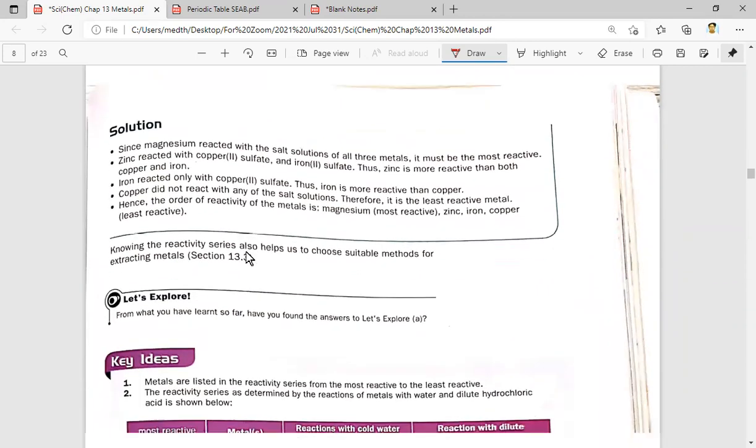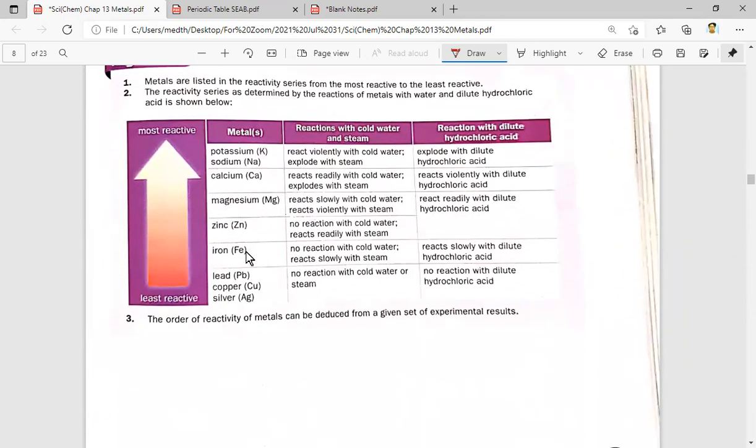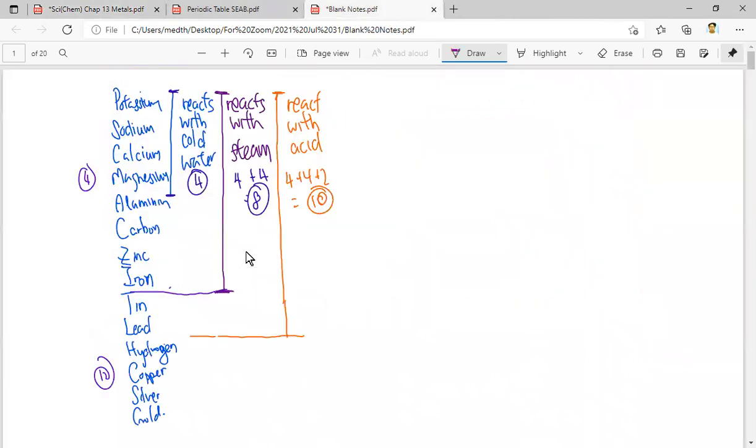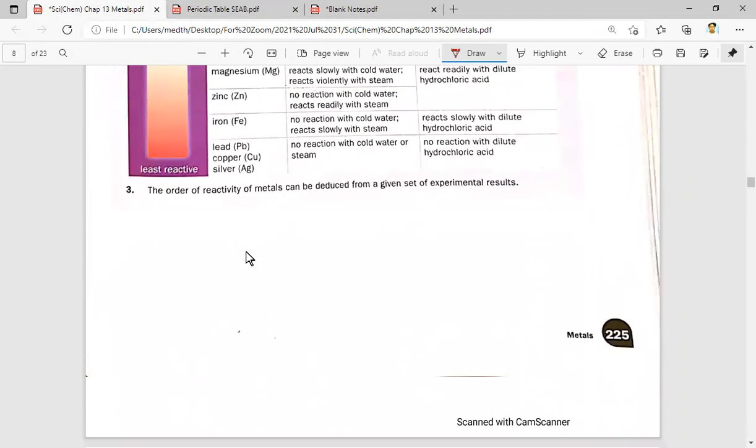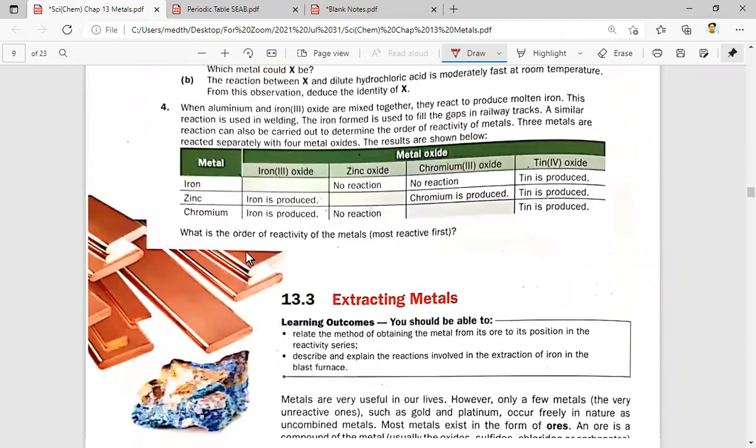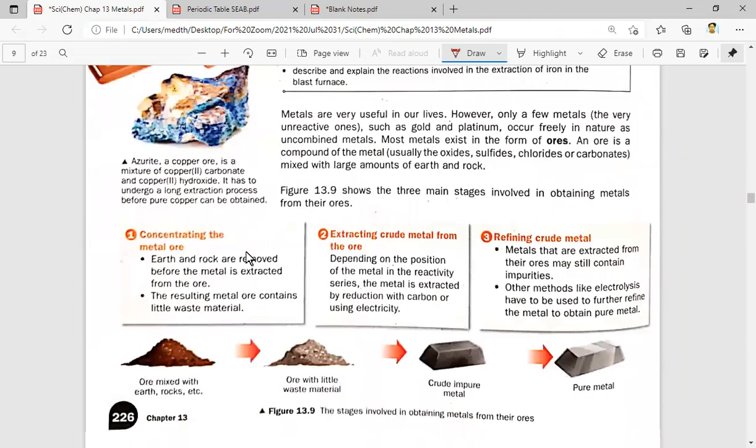Based on all that, I need you to know the reaction of the metals with cold water, with steam, and then with acid. It's important to know this. Next up, let's go on to 13.3, extracting metals.